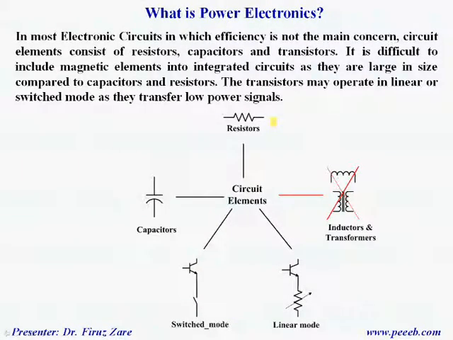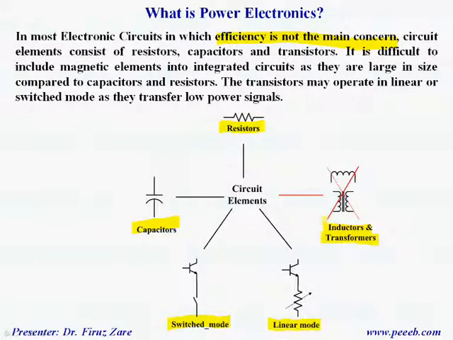In most electronic circuits, in which efficiency is not the main concern, circuit elements consist of resistors, capacitors, and transistors operating in switch mode or linear mode, but normally we don't like to have magnetic elements like inductors or transformers because they are large in size and difficult to integrate.